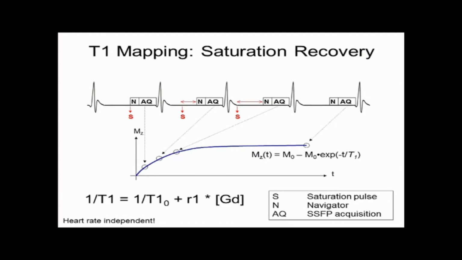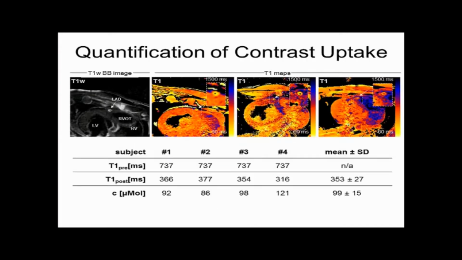And using this information, so basically if we can measure T1, we also can work out how much gadolinium we have in the tissue if we know the R1 relaxivity of the contrast agents that we are using. And for instance, such a sequence was implemented for coronary artery imaging. So this is, for instance, here the cross-section of a left coronary artery. That's in the pig model, and here you see the accumulation of a target-specific contrast agent.